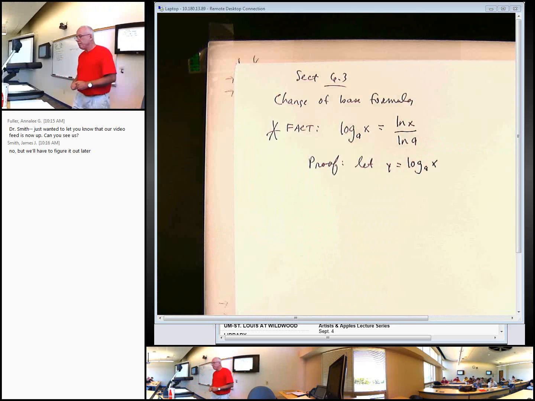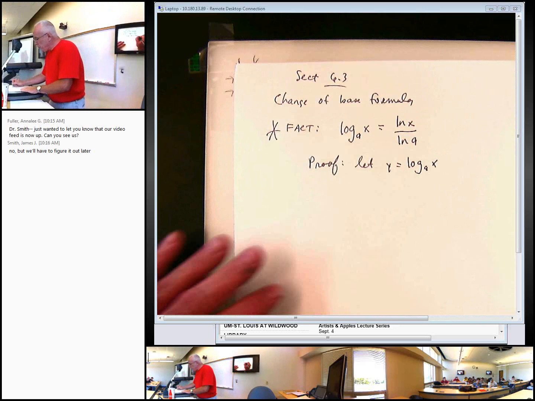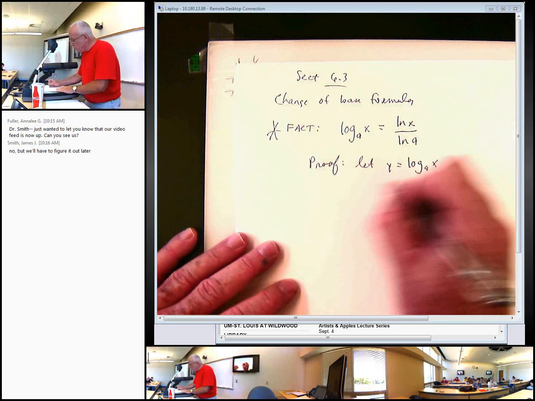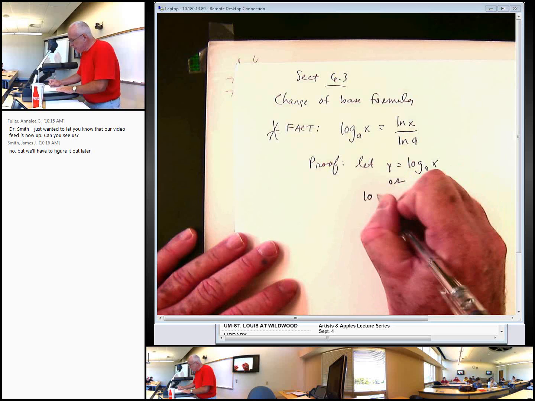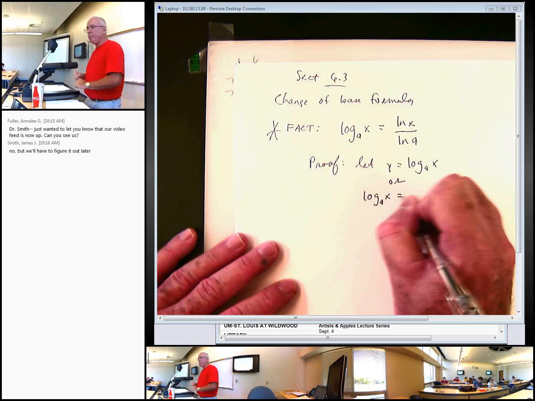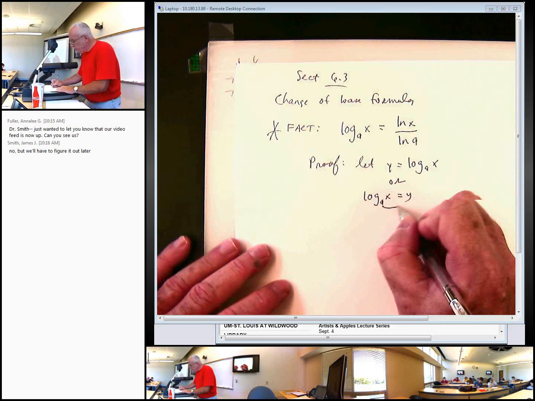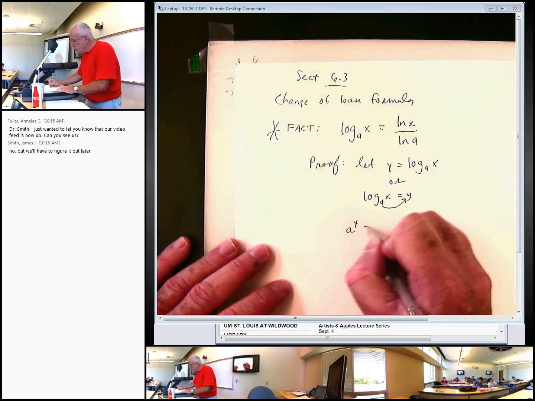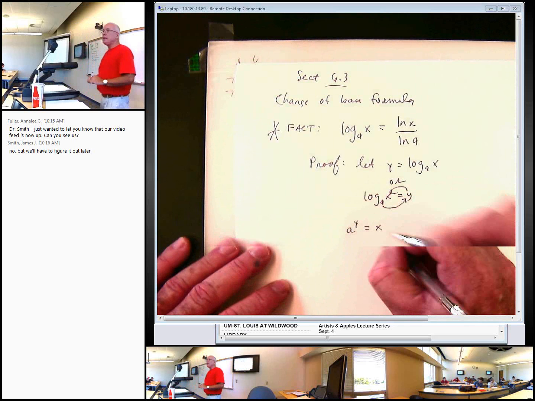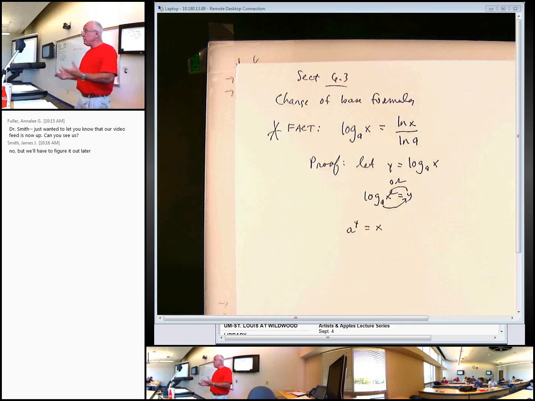Now let's do the spiral business here, or in other words, log base A of x equals y. Let's do the spiral, a to the y power, finish it off, equals x. So that's our equivalent exponential equation using the spiral that we talked about before.